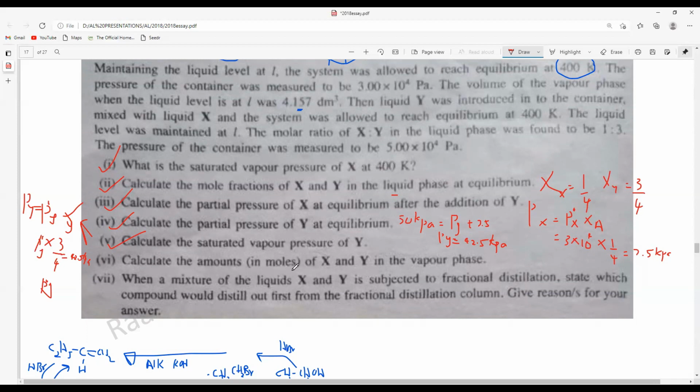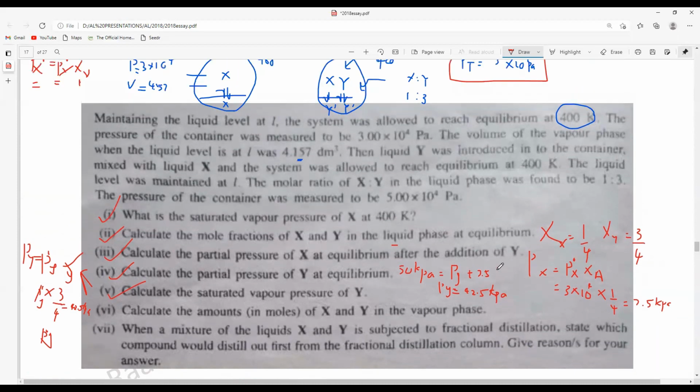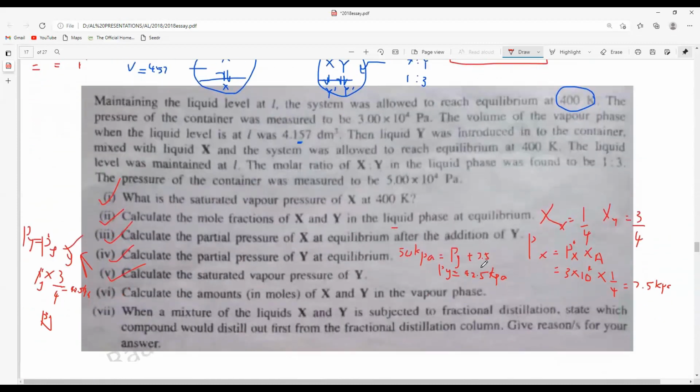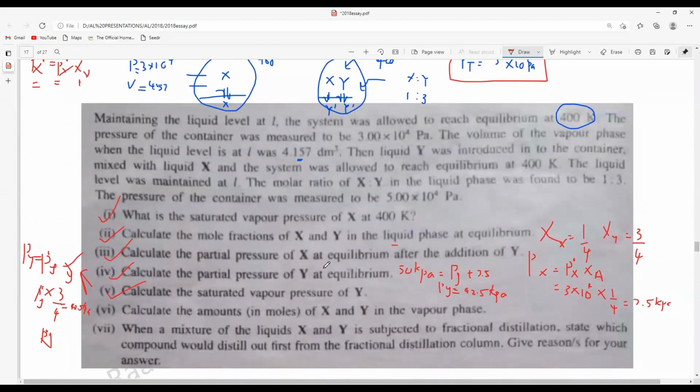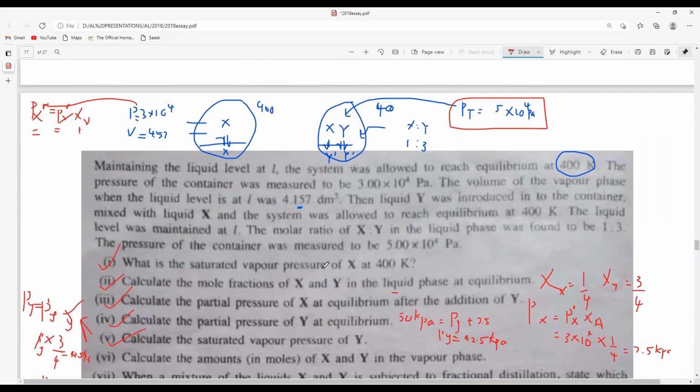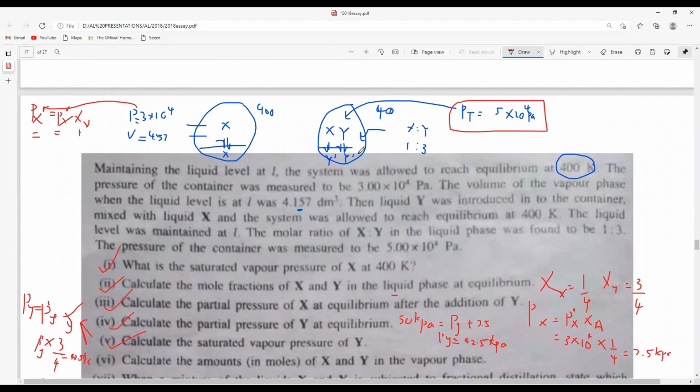Then calculate the amounts in moles of X and Y in the vapor phase. So now this becomes very straightforward, because here we apply the Raoult's law for the solution, right? And we know the vapor pressure of X and vapor pressure of Y, and even we know the temperature, right?